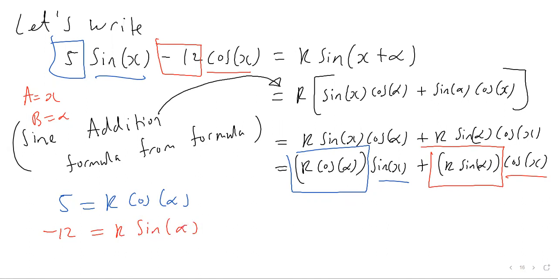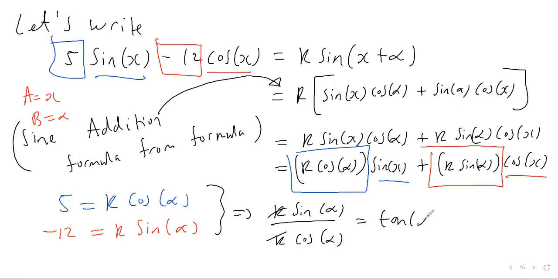Then, very similar to yesterday, we can use this fact to divide the second one by the first one. So r sine alpha divided by r cos alpha. The r's are just going to cancel out, so we don't need to worry about the r's there. We get sine alpha over cos alpha, which is tan alpha. And that's going to be equal to this minus 12 divided by this 5.